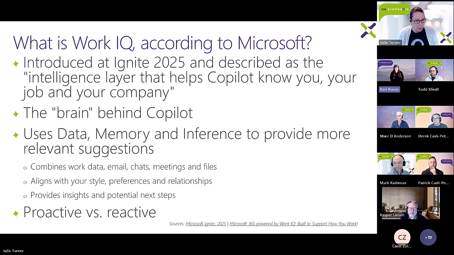Then the memory bit, and this is where we were talking about this week, is described as how the work happens. This is how I've heard it termed a couple of times. It's just how this work is happening. So over time, apparently, it's understanding your style and your communication style, how you respond, your preferences, who you talk to, those relationships and collaboration habits that you have.